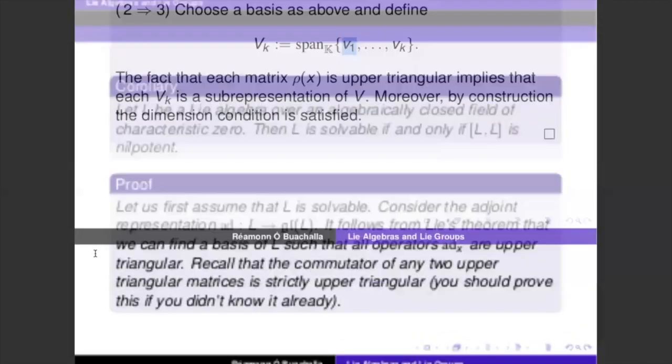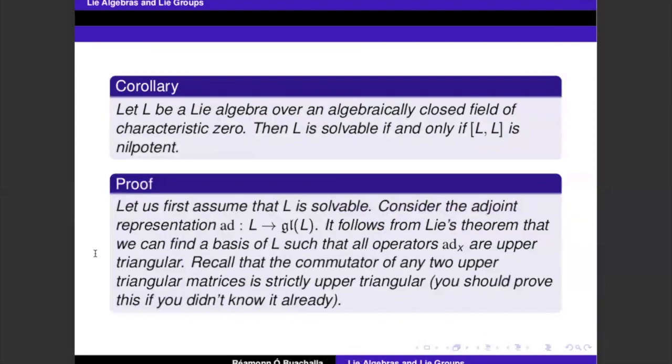Okay, so with that in hand, we can move on, and let's get an application. I said it's a powerful result, but let's see something that we can do with it. So let L be a Lie algebra over an algebraically closed field of characteristic 0. Remember, we used these two assumptions in the proof.